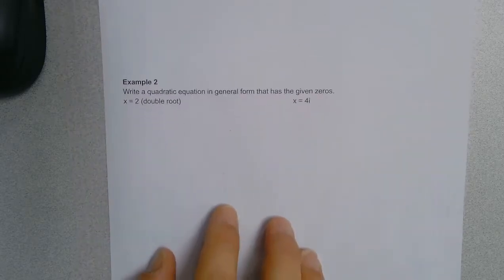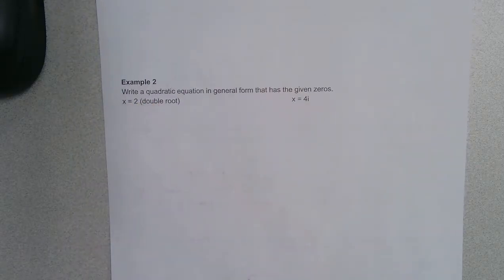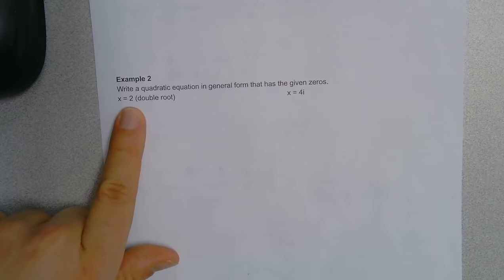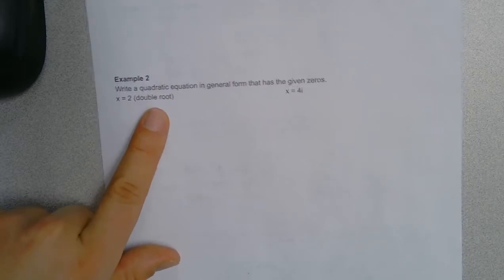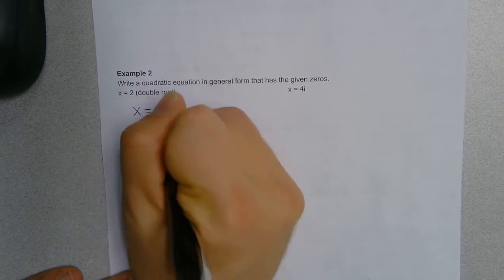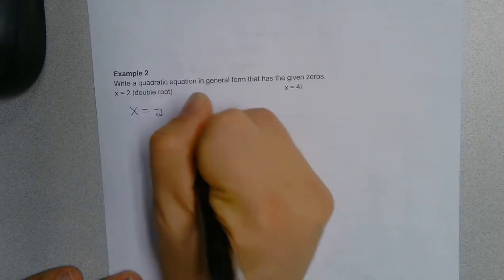So now I'm looking at example 2, write a quadratic equation in general form that has the given zeros. So if x equals 2 and it's a double root, that means that x equals 2 is repeated twice.